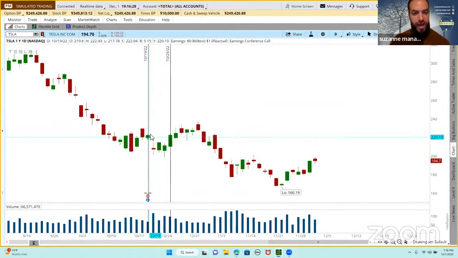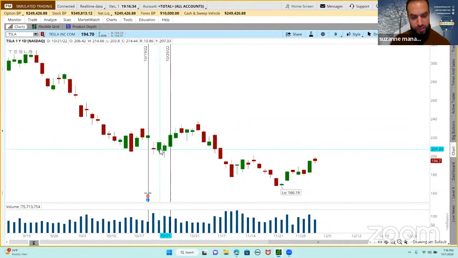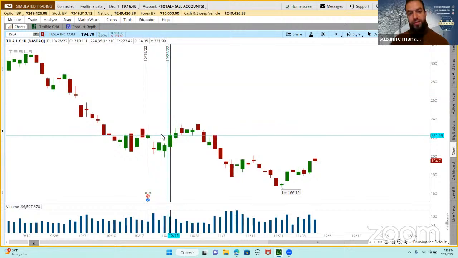So we'll be looking at the 19th of October, earnings, price drops down. We'd be pretty red in here. Price comes back up to our center strikes 6 days later on the 25th. And then we'll be looking at the type of profit that could be expected from a trade like this.